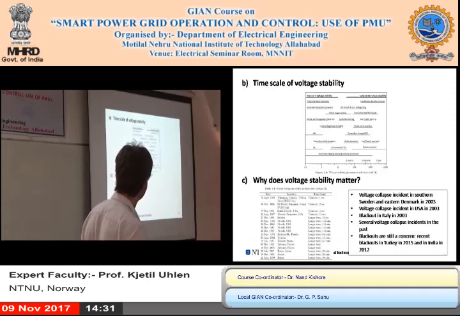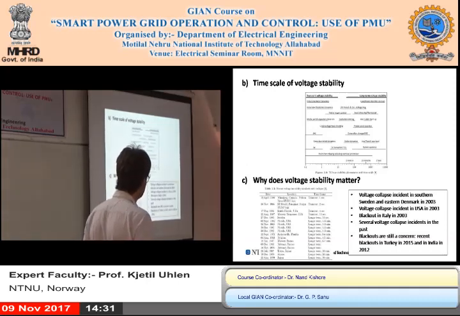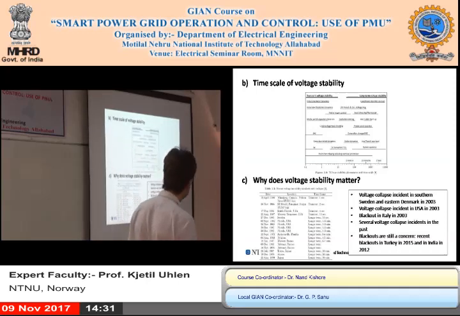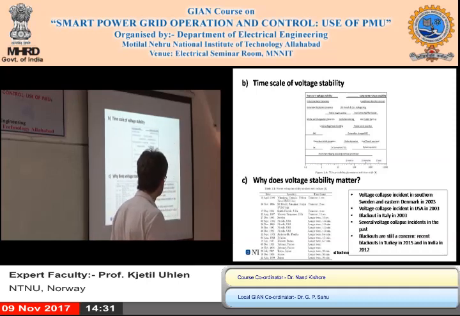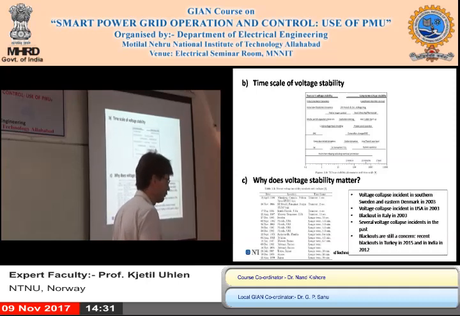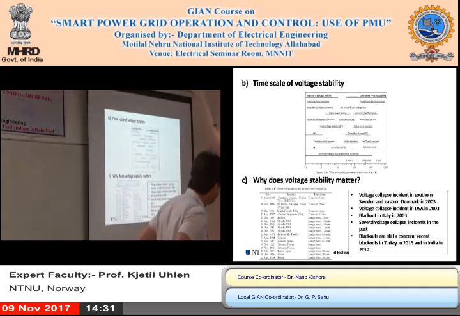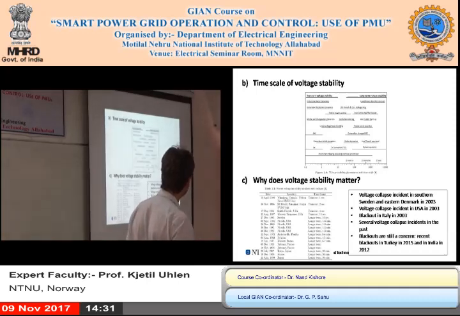So there are examples of serious incidents in the network that have been more or less due to a voltage instability or a voltage collapse. Very often there are several phenomena involved, not only voltage, but perhaps combined with power oscillation, it ultimately leads to a collapse.